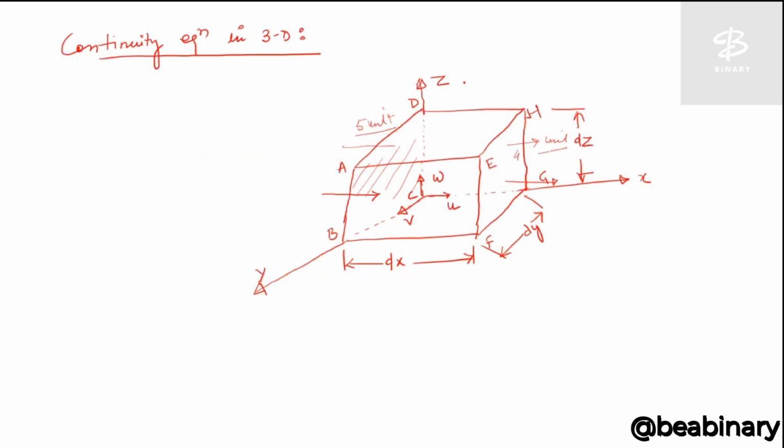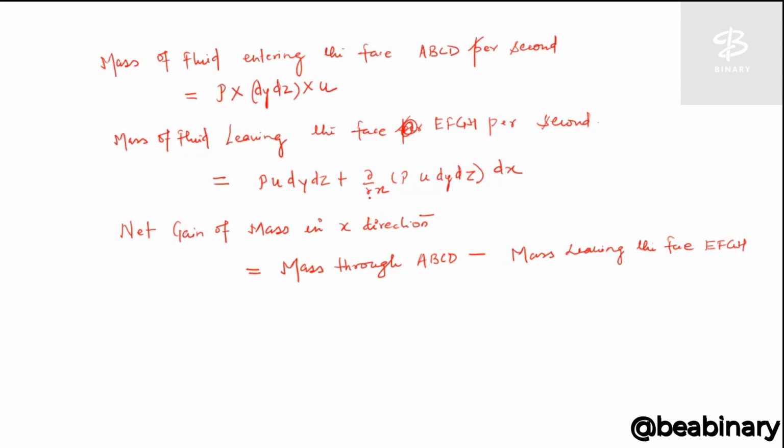So after putting the values, we write the equation: minus del by del x of rho u, dx dy dz.